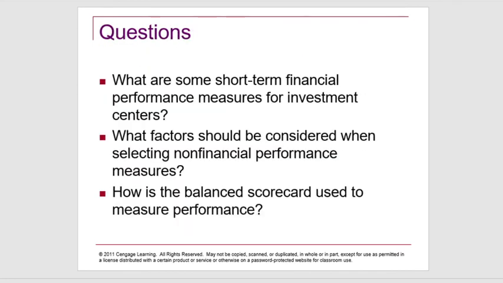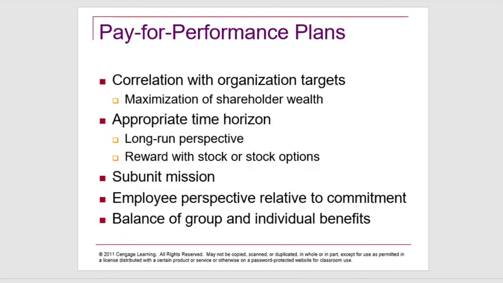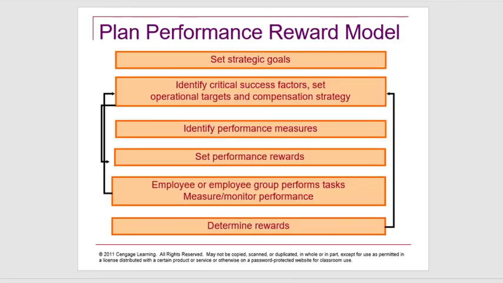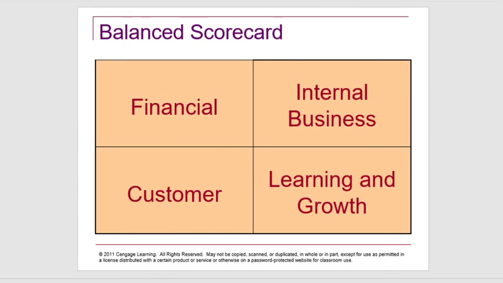More of the discussion will be on the next part, which will focus on the return on investment, residual income, and the economic value added as a measure of performance and as a measure in rewarding the performance of a particular responsibility center. So I think that ends the discussion on the balanced scorecard. Please look at the next discussion video for the computational part of the performance measurement. Thank you.